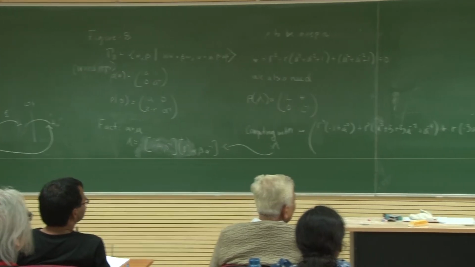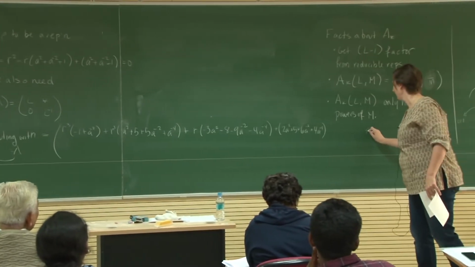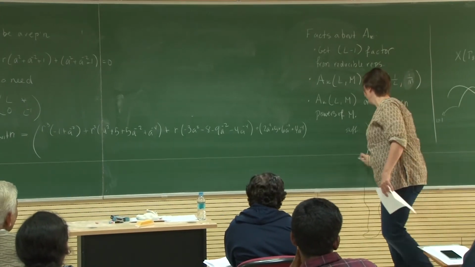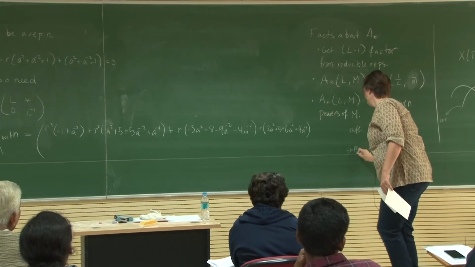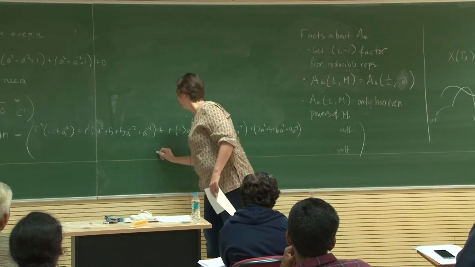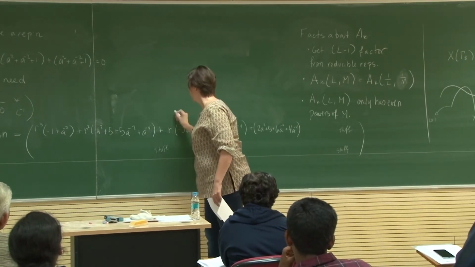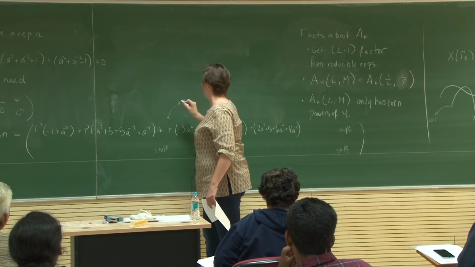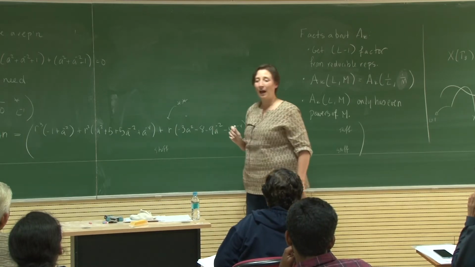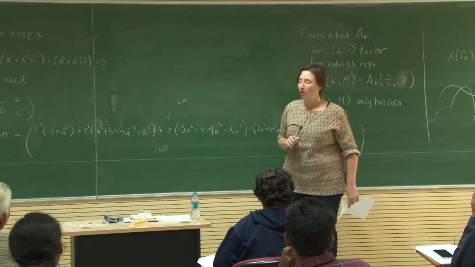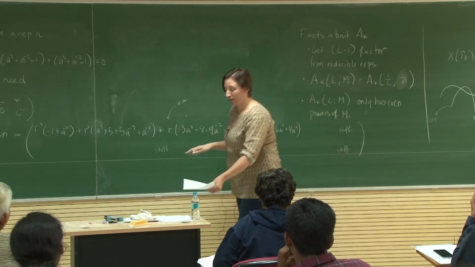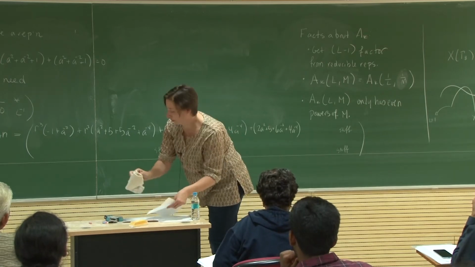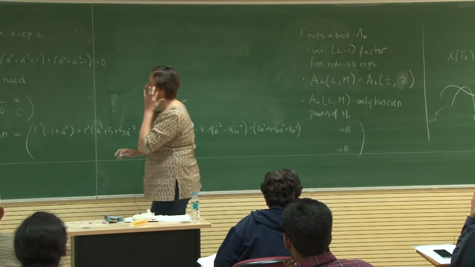Okay, so that's the 1, 1 entry. And then you get stuff over here, and stuff over here, and then stuff over here. Let's call this star star. How do you get the A polynomial? Well, first of all, I forgot to tell you, I told you the important fact, but I forgot to write it down.